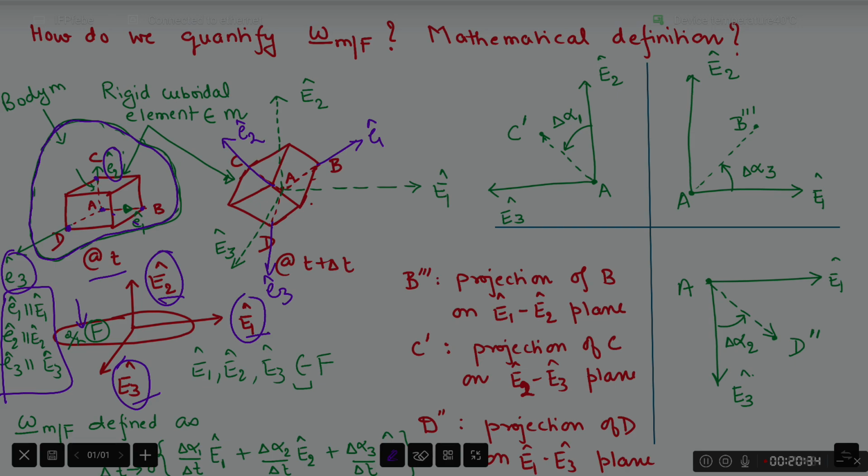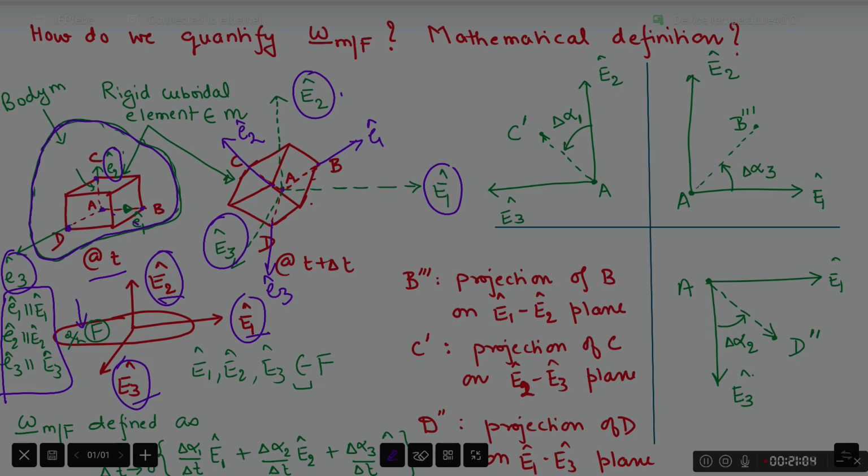To highlight this relative disorientation in a clearer way, I have redrawn the directions of big E1, big E2 and big E3 on this diagram. After all, these are unit vectors, so I can displace them and put the tails of these unit vectors at any point I want.